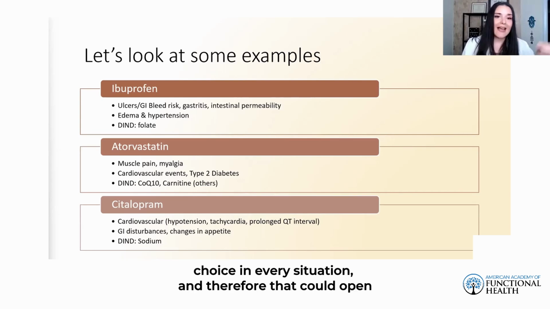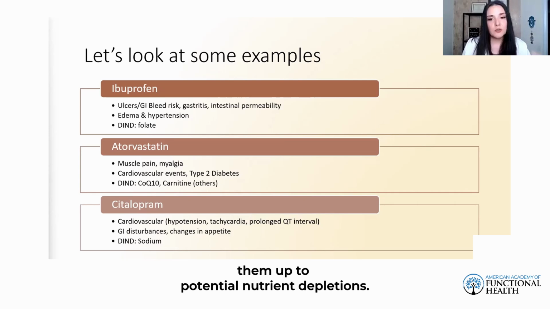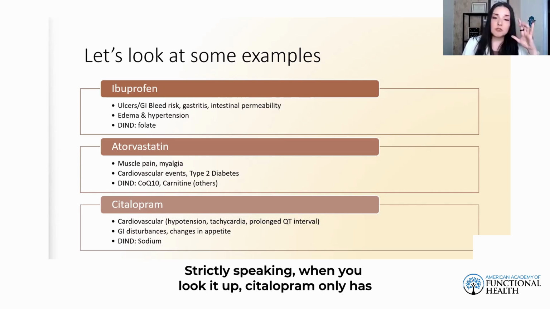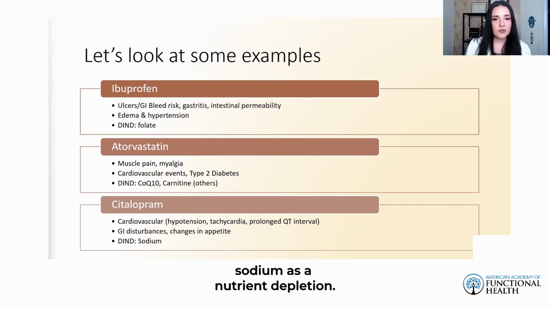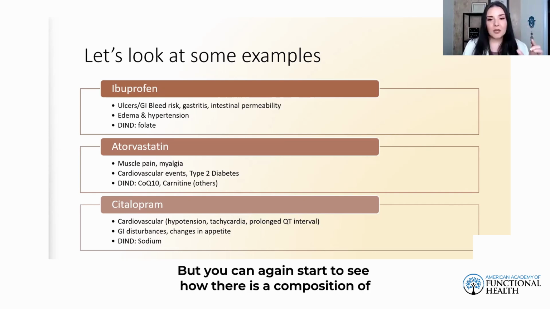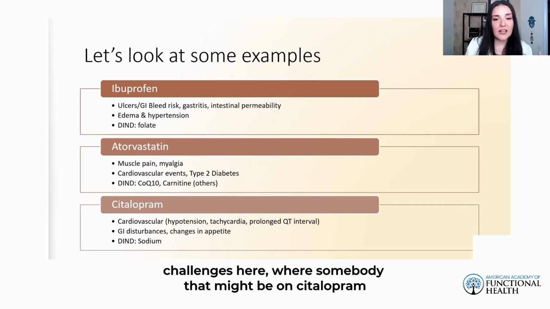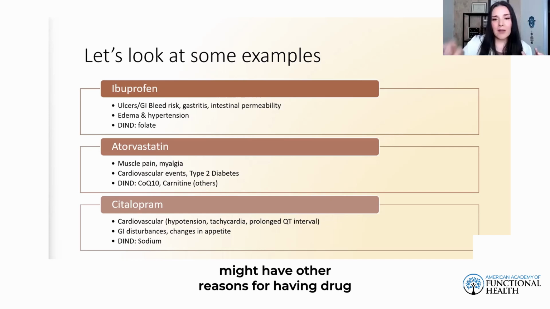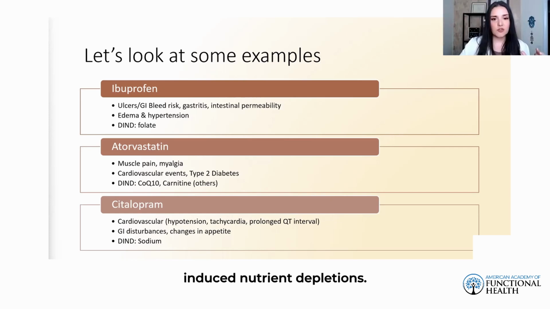And therefore that could open them up to potential nutrient depletions. Strictly speaking, when you look it up, citalopram only has sodium as a nutrient depletion. You waste sodium as a result, but you can again start to see how there is a composition of challenges here, where somebody that might be on citalopram might have other reasons for having drug-induced nutrient depletions.